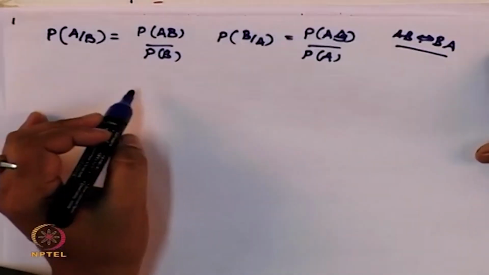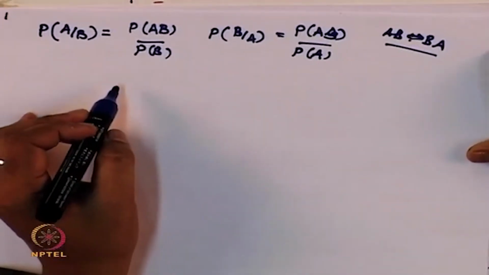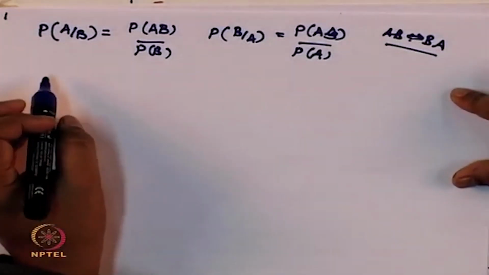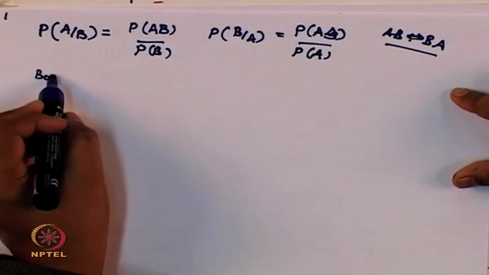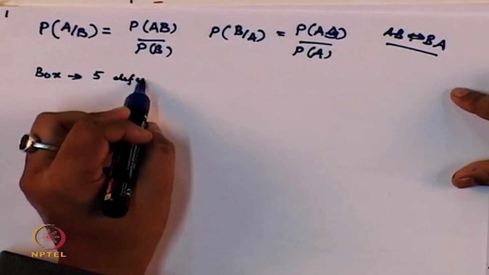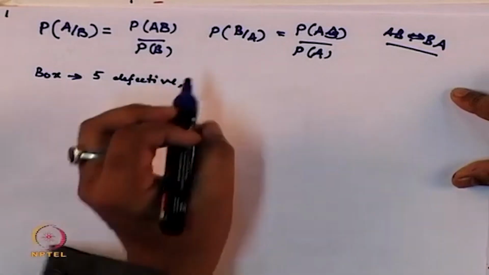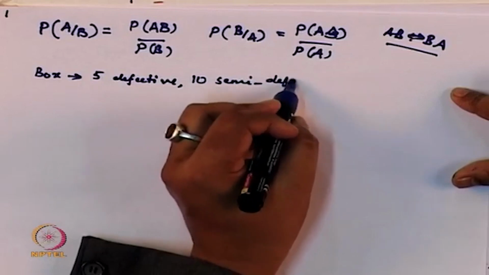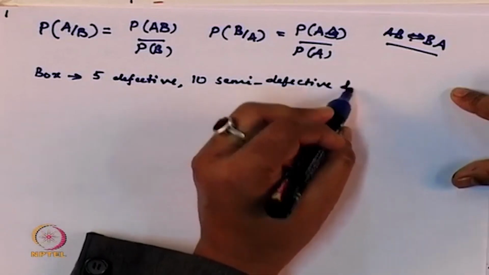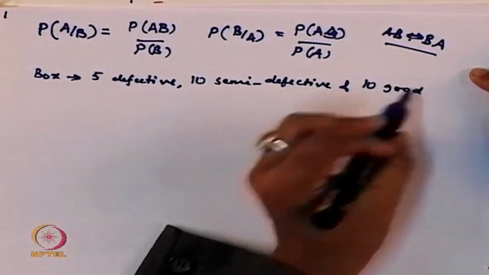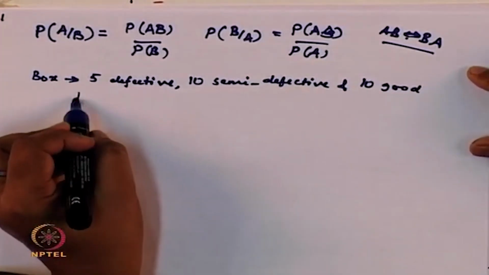Okay. So, let us consider a simple example. Imagine you have a box which has 5 defective, 10 semi defective and 10 good pencils.